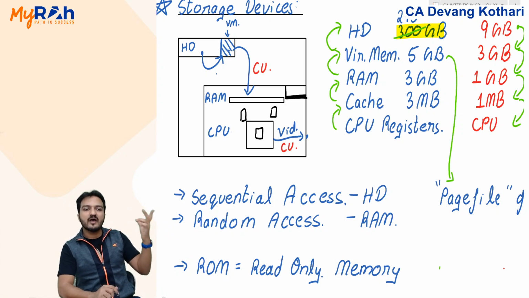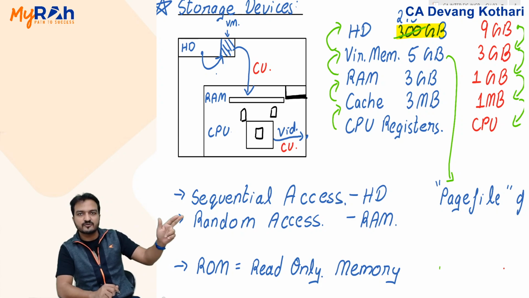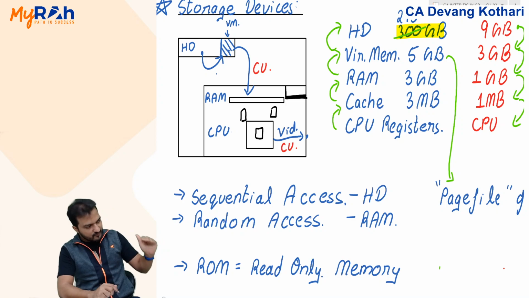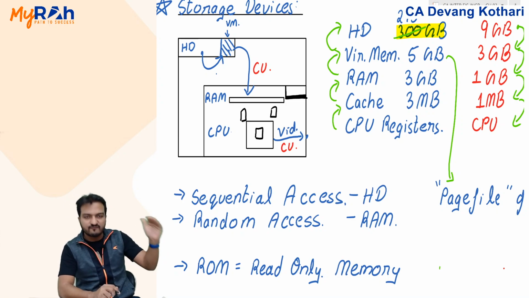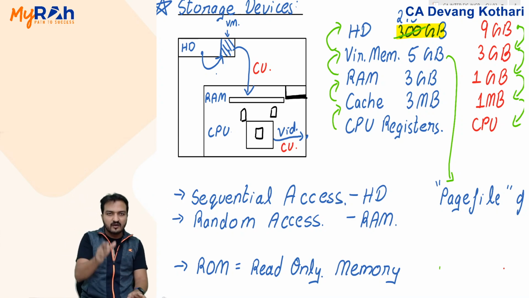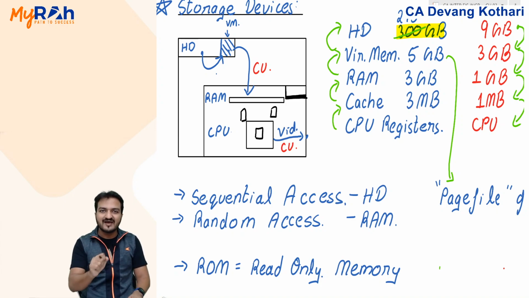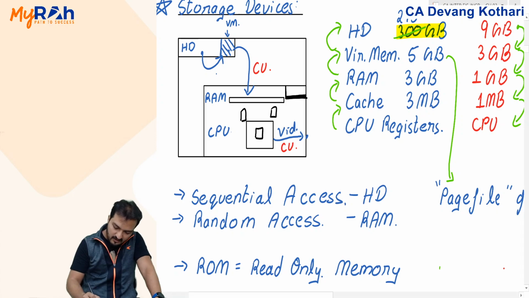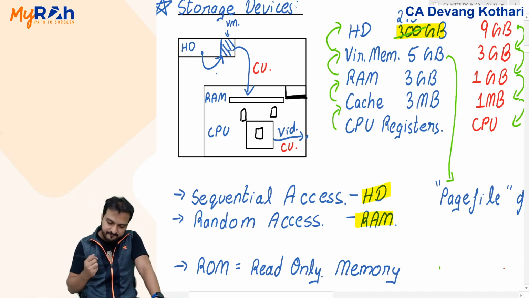So I will have to sequentially search through each part of the cupboard, each shelf one after another. That becomes my sequential search. Yes, so hard disk allows sequential access, RAM allows random access.